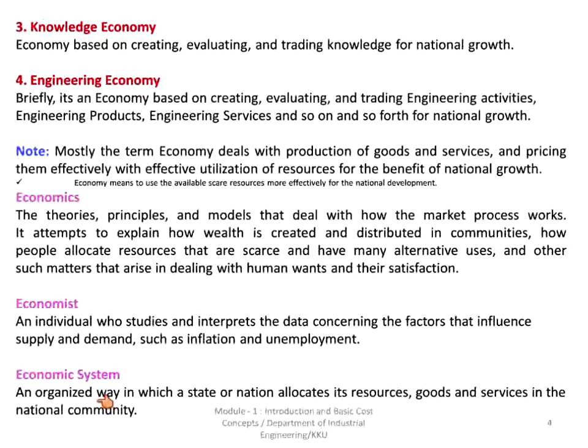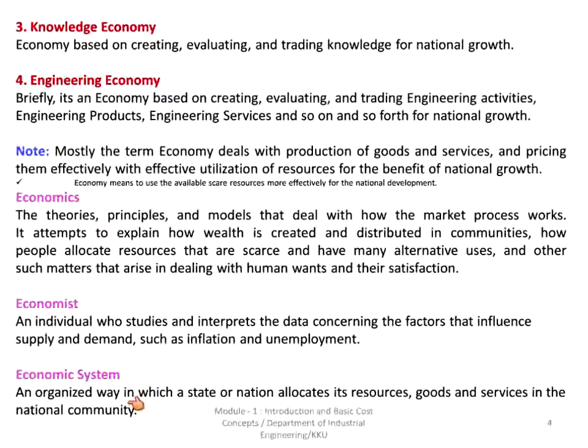Yeah, exactly. In good control, very good. See here there is another word they used, organized way. Organized way is in good control. Okay, that is called a system. So a system is nothing but an organized way in which a nation allocates its resources, goods and services to the people.